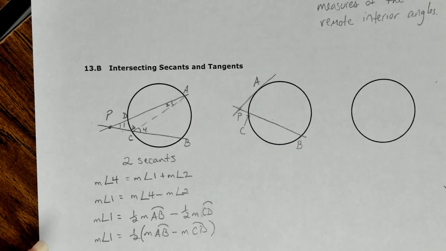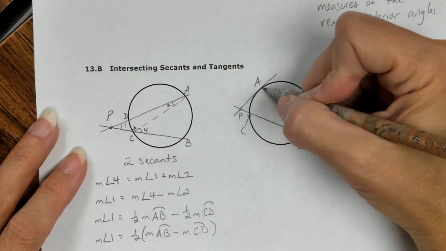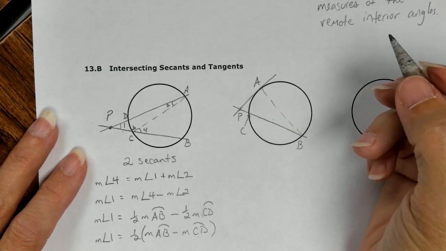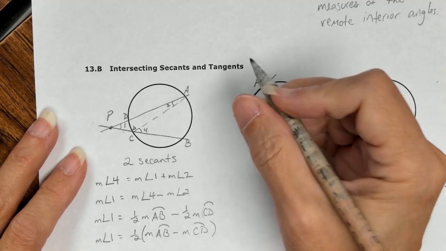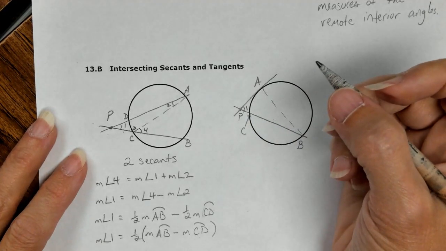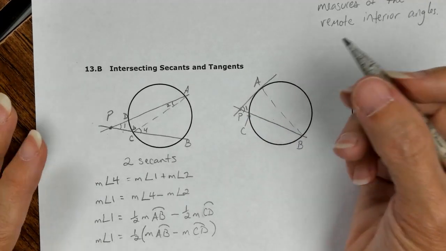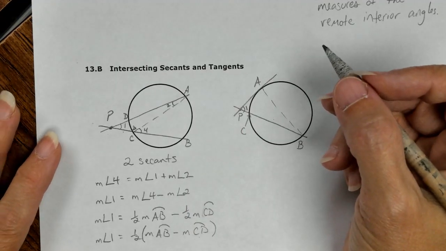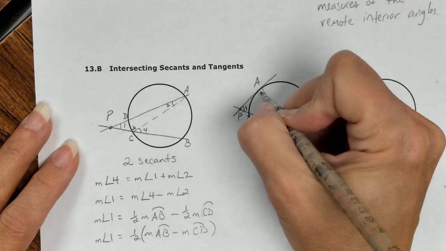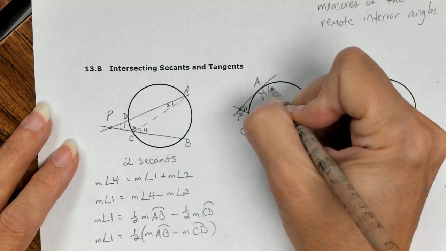Okay. And we can form a triangle again by connecting A to B. And we're going to call the one we're interested in angle 1. And these other ones will just be, well, we have a 2, 3, and a 4 again. So 2, 3, 4.